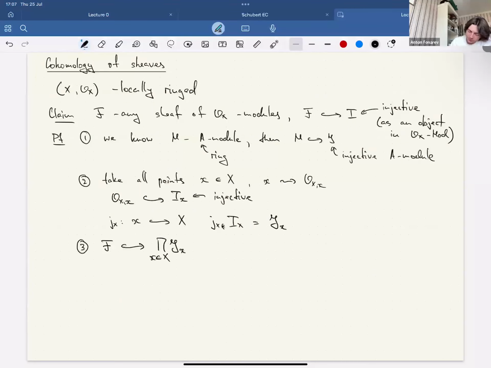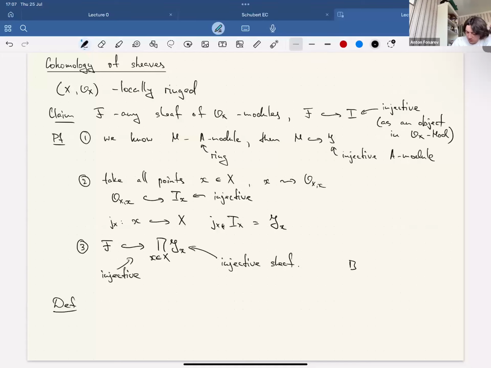So you need to check two things: that the map is injective, this is the first thing, and the second thing, that the target is an injective sheaf. Okay, so this is a sort of general construction. And now you follow with the definition.